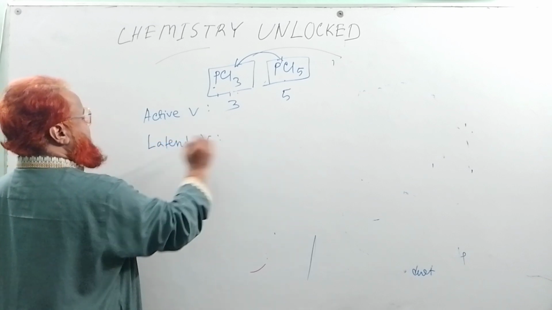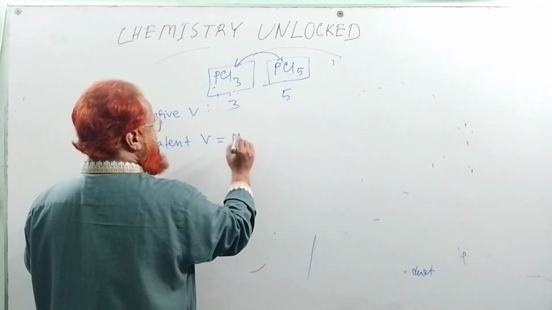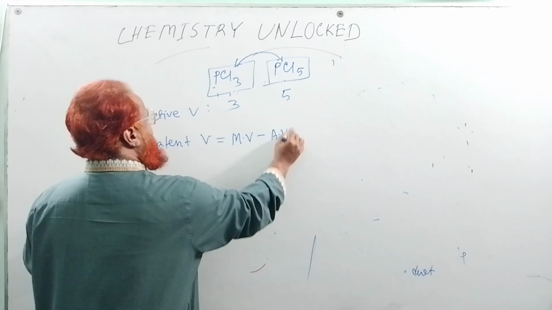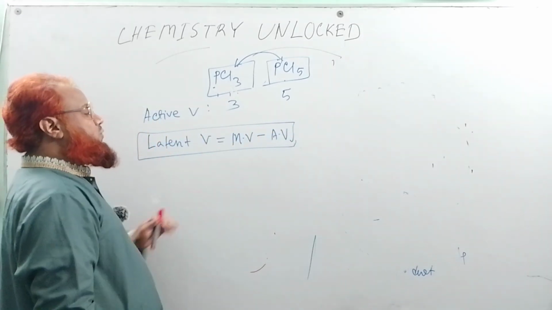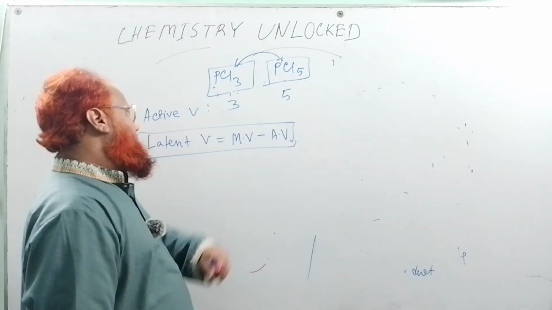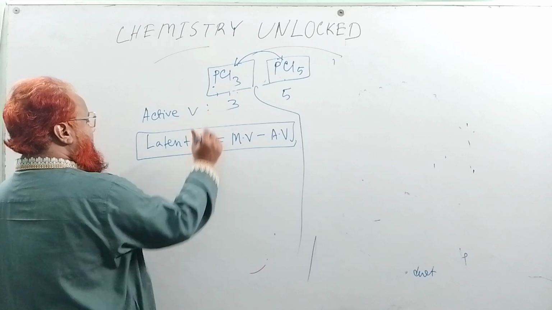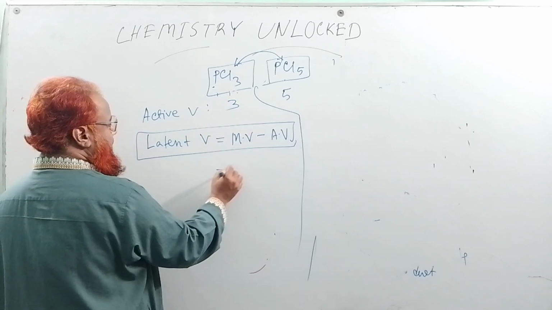Latent valency. The formula of latent valency is maximum valency minus active valency. Look at here, my dear student. Latent valency equals maximum valency, here V for valency, minus active valency. So, in this PCl3 molecule, the active valency of phosphorus is 3.